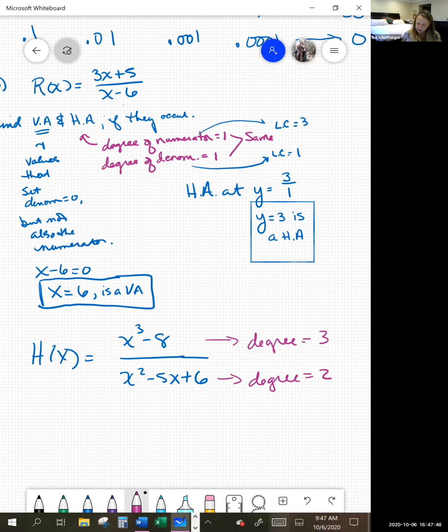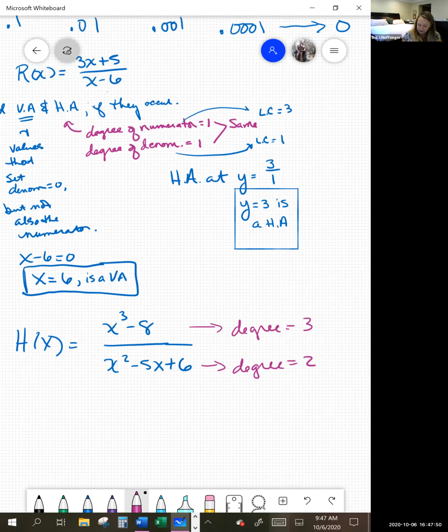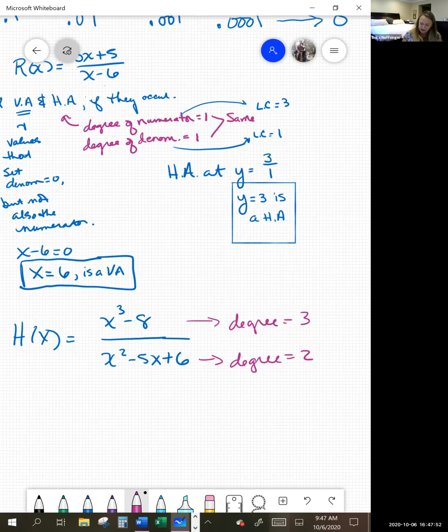Since the degree of the numerator is bigger, there's no horizontal asymptote, because this grows much faster than this does. A bigger power on top divided by a smaller one is going to blow up.